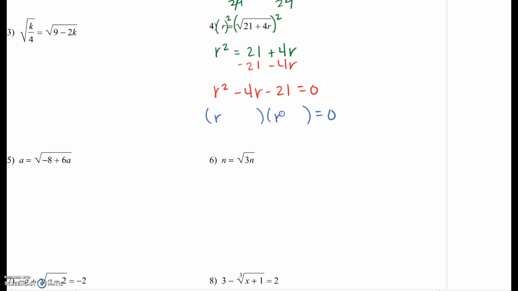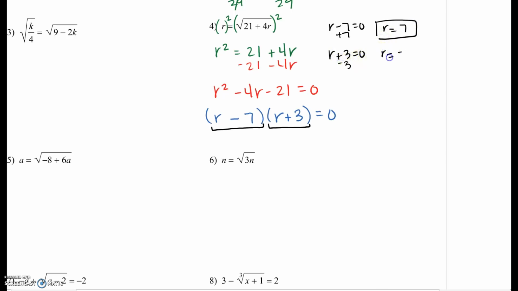I have r here, 7 and 3. I have a negative 7 and a positive 3. When I solve each part, I have r minus 7 equals 0, so I add 7, and I have r equals 7. I have r plus 3 equals 0, and I have r equals negative 3.